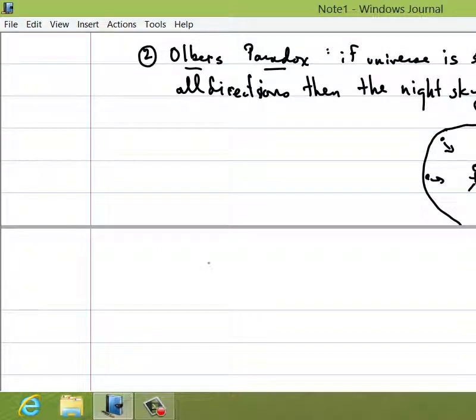And the total luminosity emitted by these stars, coming from the shell, can be regarded as a function of the radius of the shell. And there are two things that we should think about.